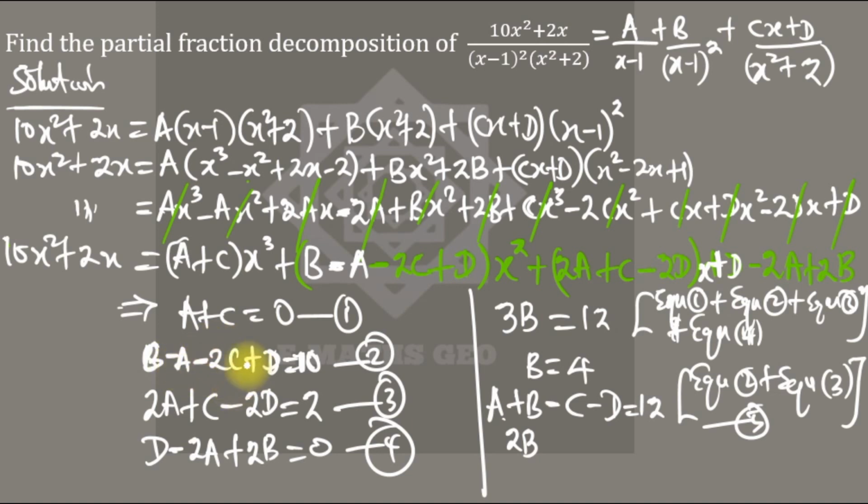I have minus c, minus 2c minus c, minus 3c. D is gone, so we are left with 10 plus 12, 22. So what we did is equation 2 plus the last equation.